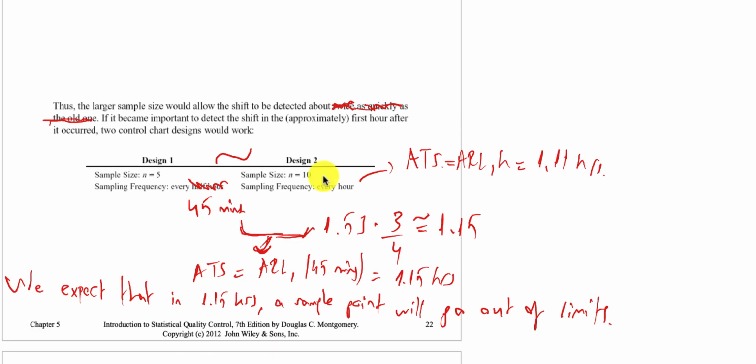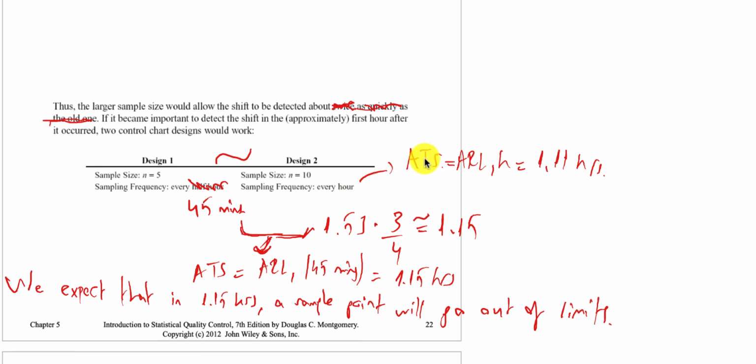So let's continue. So these are two different designs. In one design, the sample size is 5, and in design 2, sample size is 10. So we can generate a sampling frequency procedure here. For example, sampling frequency can be 45 minutes. Average time to signal will be the same with design 2 at this level.